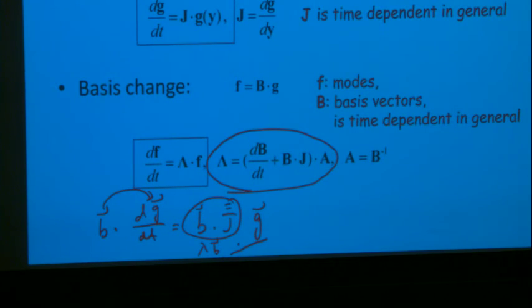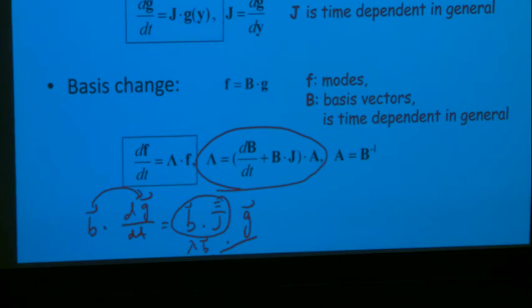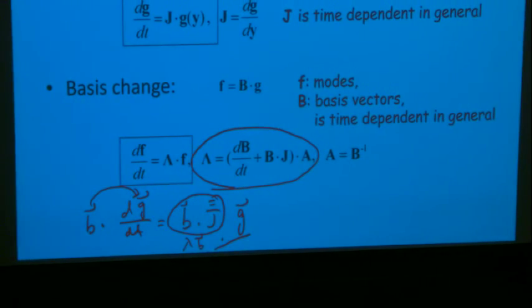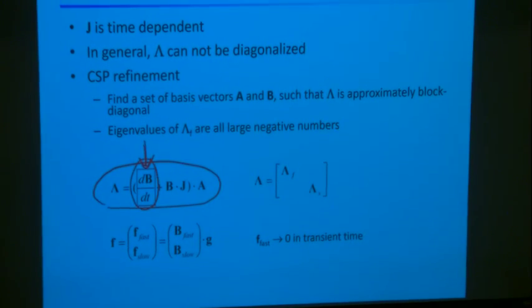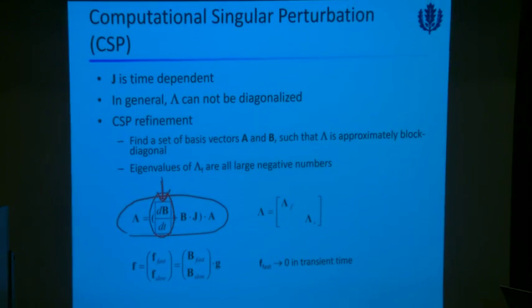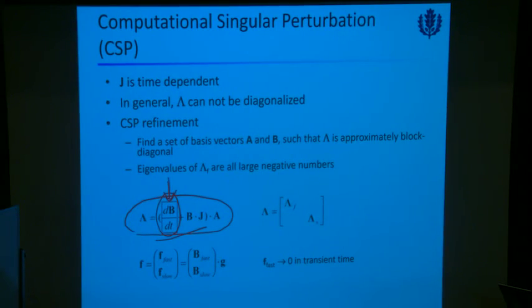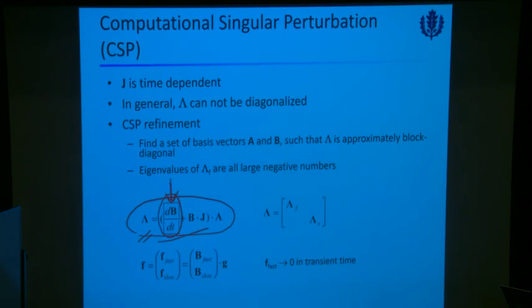So it will give you an additional term, which involves db/dt. db/dt means as time goes on, the b vector changes direction. It rotates with time. So therefore, this term comes from the time dependence of Jacobian. But once you include this term, the lambda matrix is no longer diagonal. So that's the whole trouble for nonlinear problems.